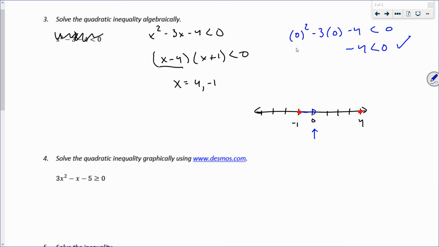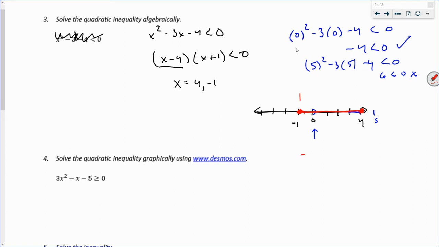Now, just to make sure, say we tested a 5 out here. If we put a 5 in, 5 squared minus 3 times 5 minus 4, and we'd say, is 6 less than 0? Of course not. So that must mean that 4 needs to go this way, which means overall that we have this compound inequality where the only solutions that work are between negative 1 and 4.